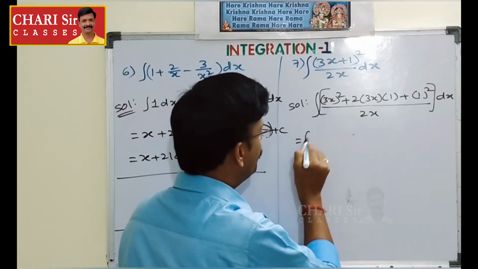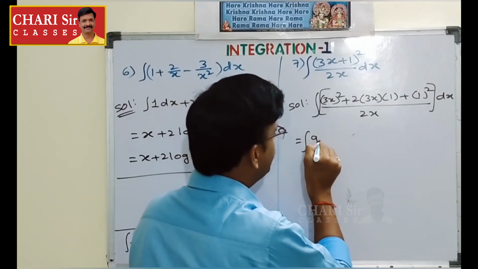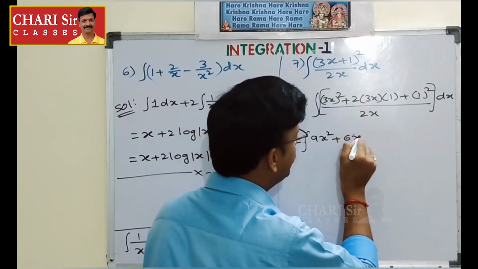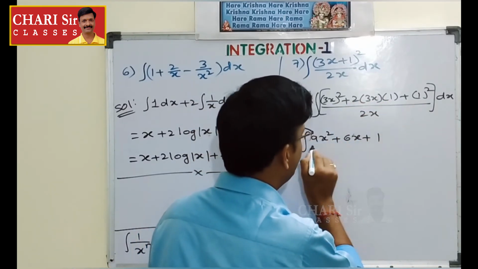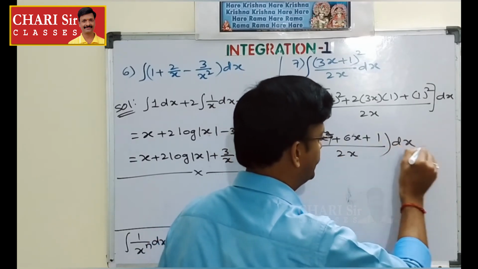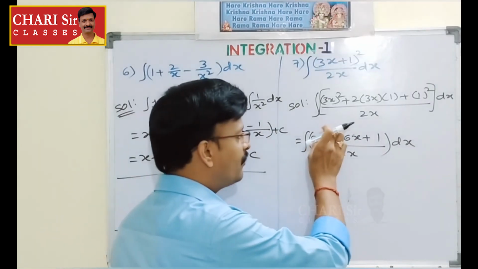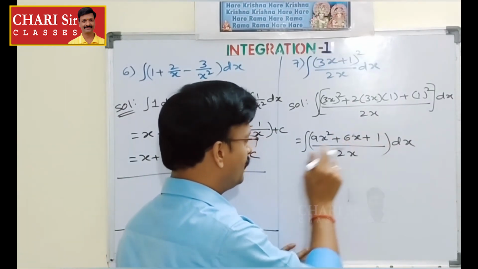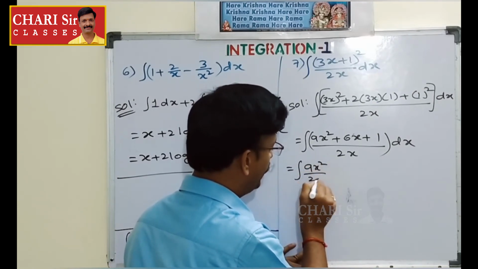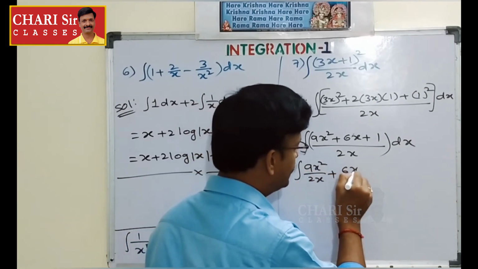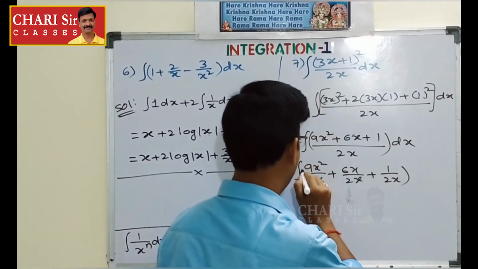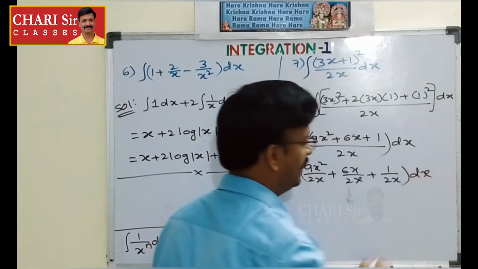That is equal to (3x) whole square, that is 9x square, plus 2 into 3x into 1, that is 6x, plus 1 square is nothing but 1, by 2x for this total dx. Now we need to divide these three terms with 2x. That is 9x square by 2x plus 6x by 2x plus 1 by 2x for all this dx.